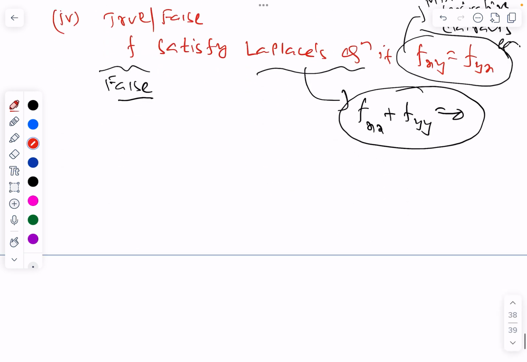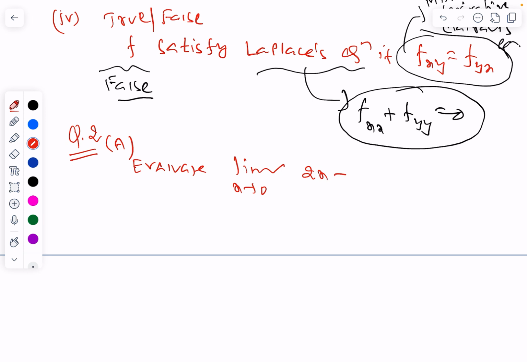Now take question 2 first. Evaluate limit x tends to 0 of x minus x cosine x minus sine x over 2x cube. This is of 2 marks.